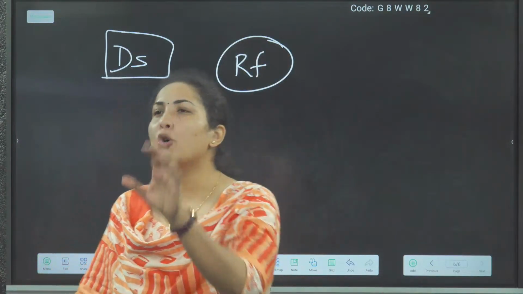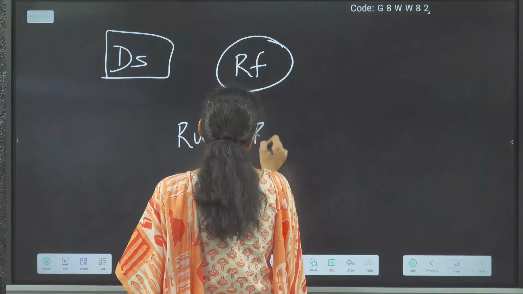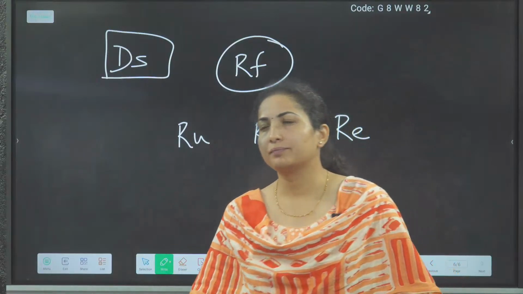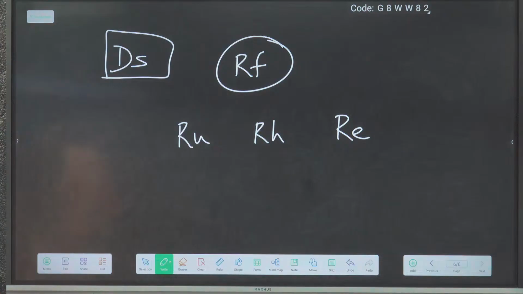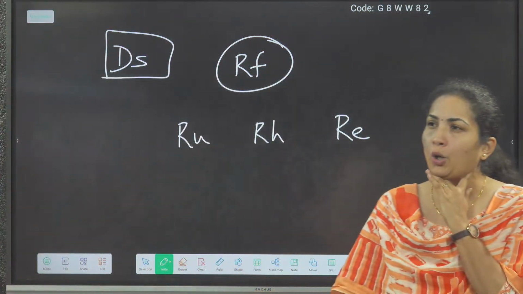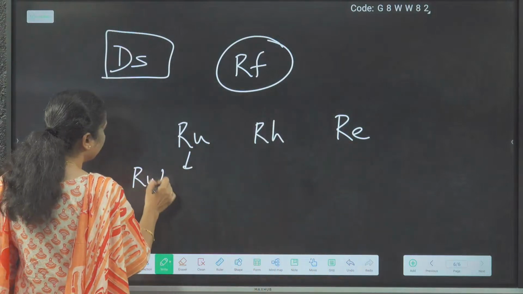Now, I am writing a few more element symbols here, the ones which can confuse you more. Ru is for which element here? RU stands for which element? Ruthenium. Very good. RU is for ruthenium.